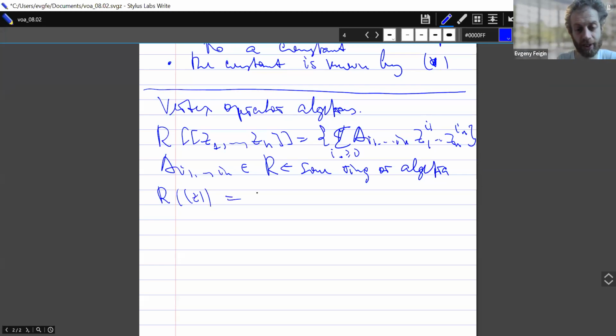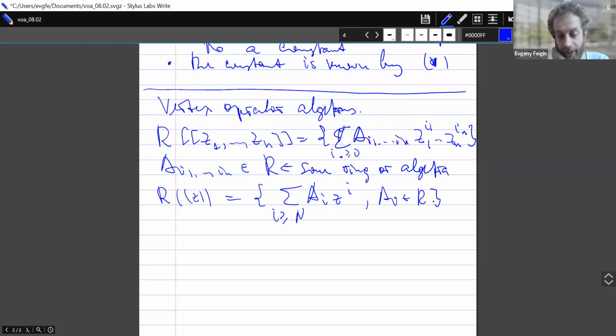So these are Laurent series: the sum of A_i Z^i with i greater or equal than some n, A_i in R. N is an arbitrary integer, so not fixed, but may depend on the series. In particular, the most important example for us would be R being the endomorphism algebra of some vector space.